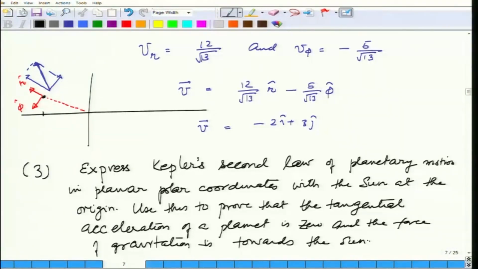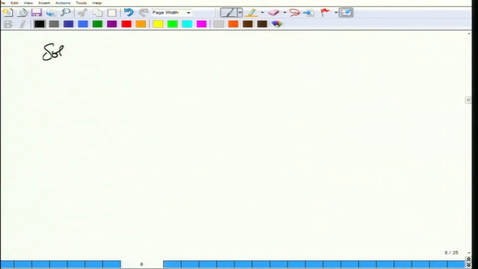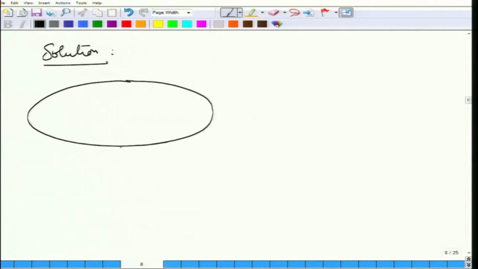Okay. So, solution. What is Kepler's second law? Kepler's second law says that when planets move around in an orbit with the sun at the origin, the rate of sweeping area is constant.